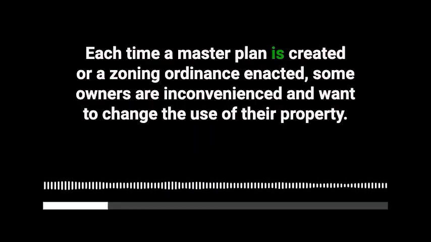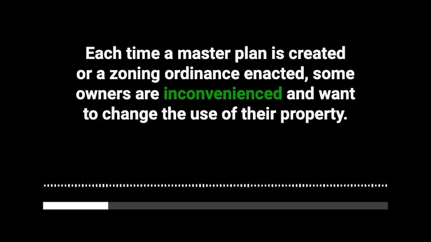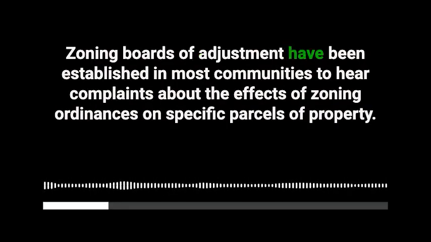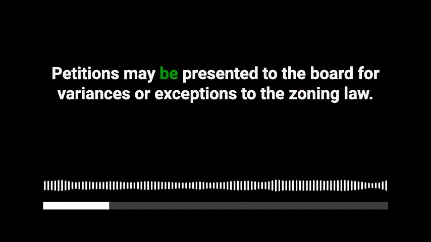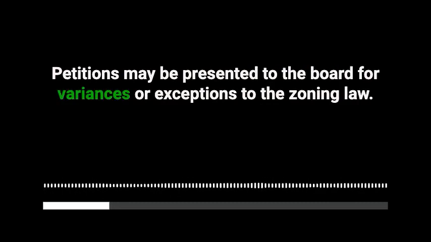Zoning variations. Each time a master plan is created or a zoning ordinance enacted, some owners are inconvenienced and want to change the use of their property. Zoning boards of adjustment have been established in most communities to hear complaints about the effects of zoning ordinances on specific parcels of property. Petitions may be presented to the board for variances or exceptions to the zoning law.